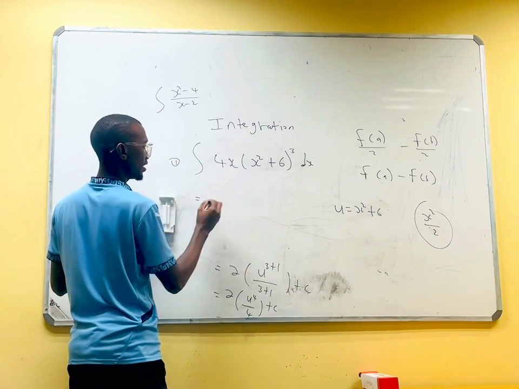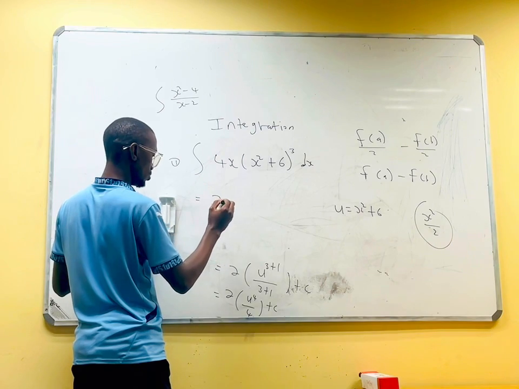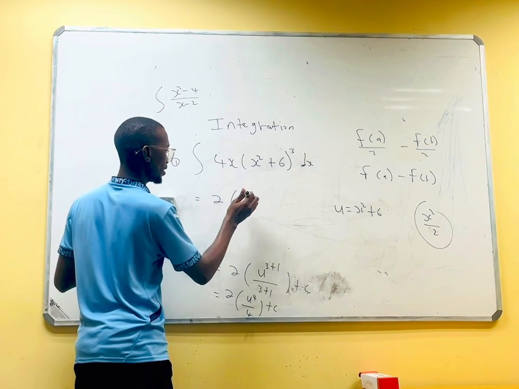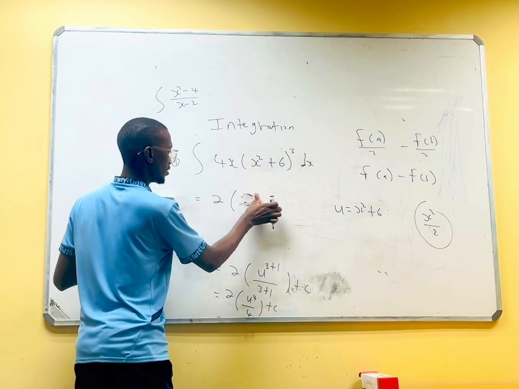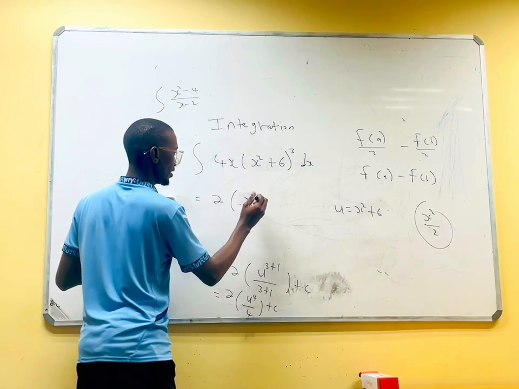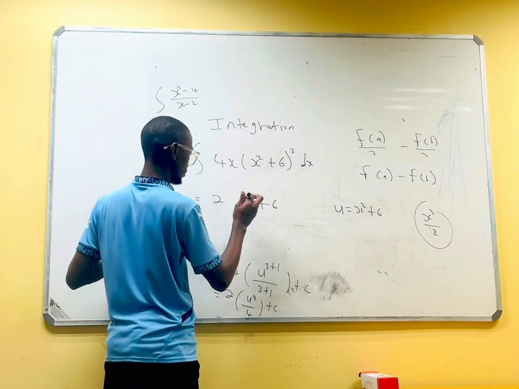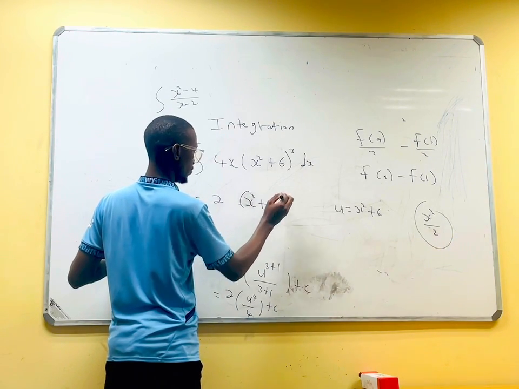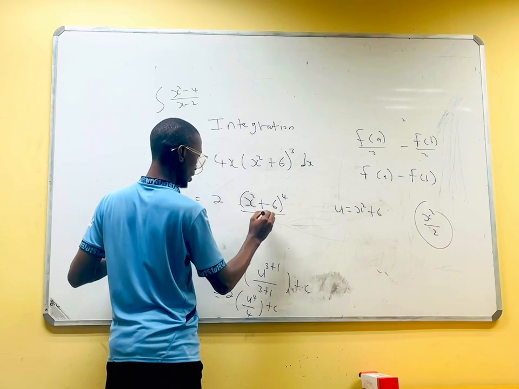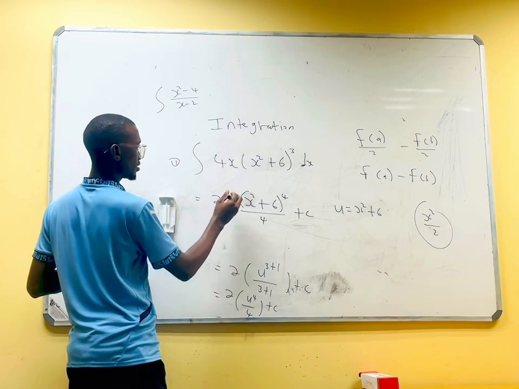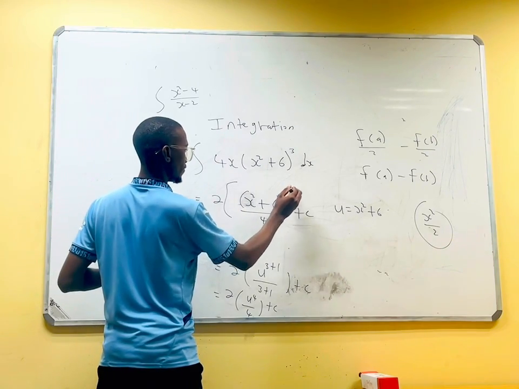At the end of the day, our final answer is going to be 2 into x squared, let me write it nicely, x squared plus 6 all to the power 4, divided by 4 plus c. So you can see this is what we actually have.